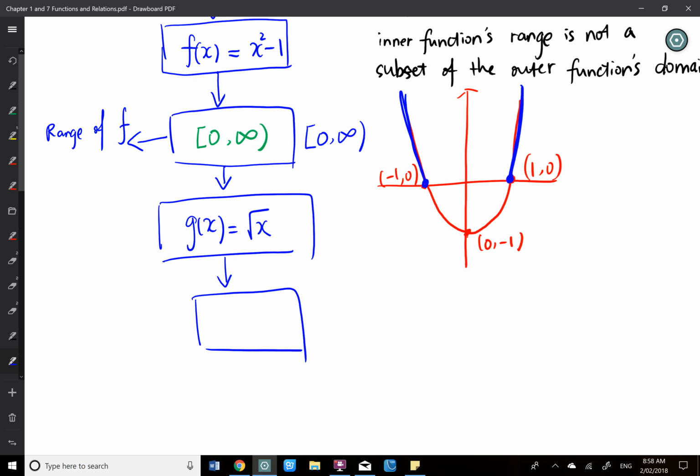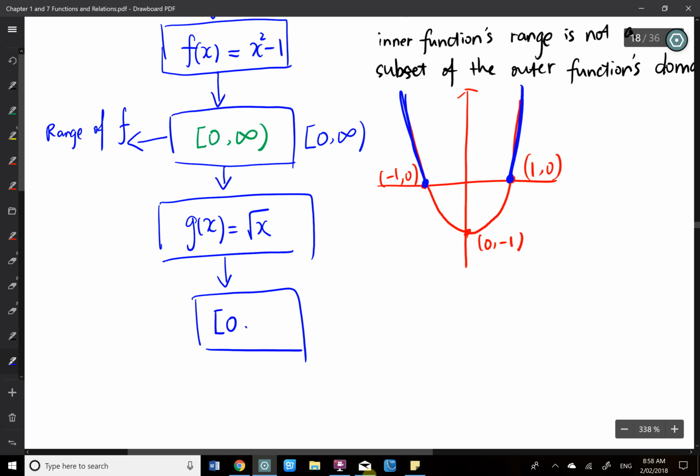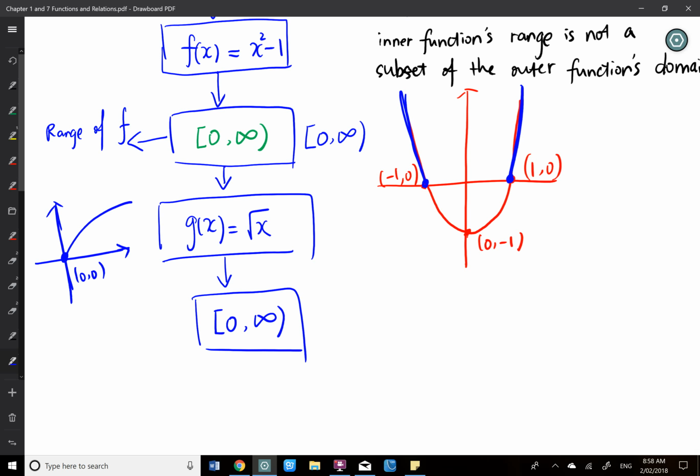And then now this can keep going. 0 to infinity put into square root x, I will have 0 to infinity. So square root x looks like this. That endpoint is (0, 0). So from 0 to infinity, I can have a range of 0 to infinity as well.